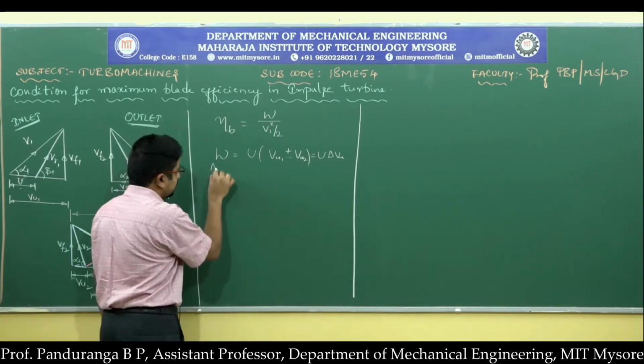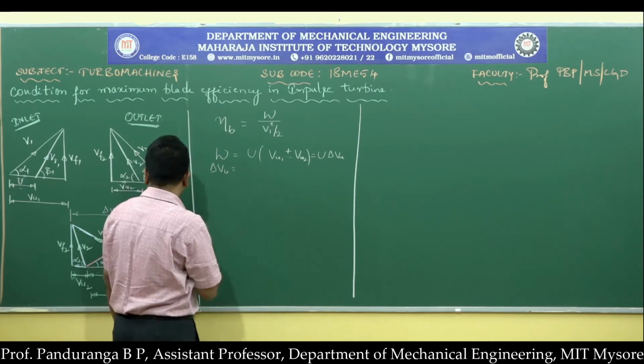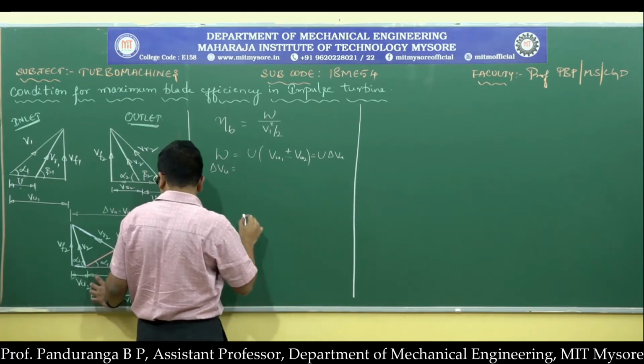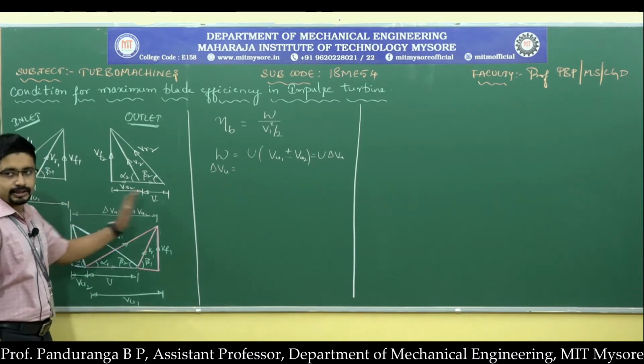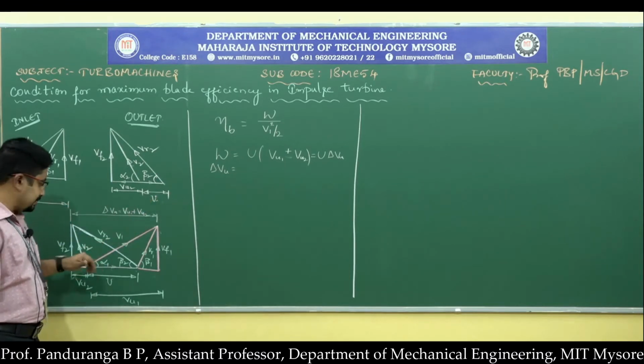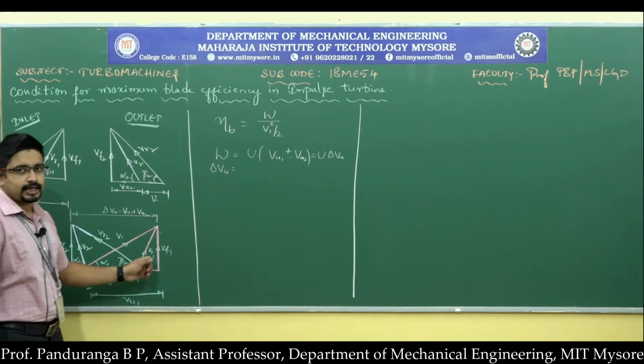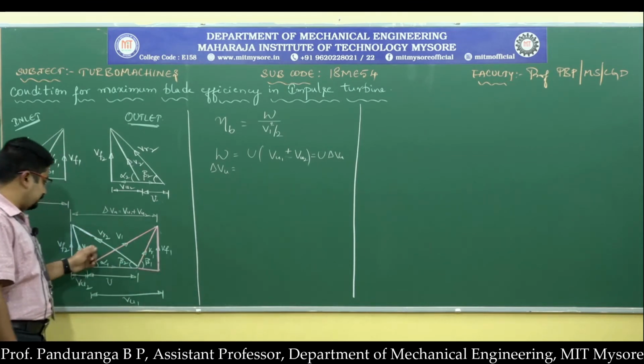So let us try to express delta VU in terms of the absolute velocity V1 and the angle alpha 1. Since delta VU is from here till here, I can use VU1 and VU2, or I can express that in terms of VR1 and VR2.